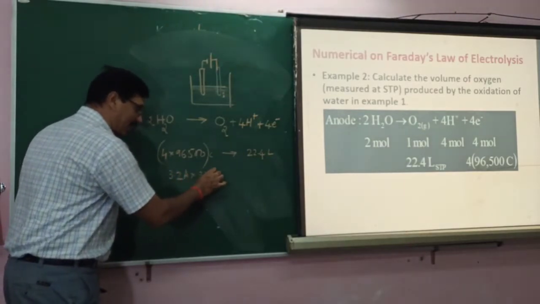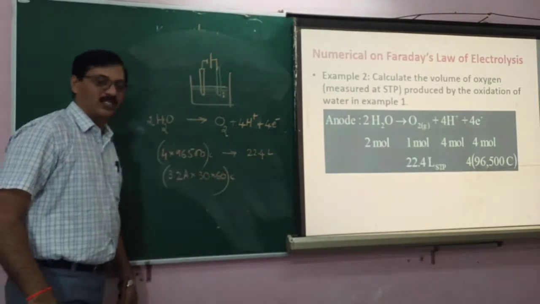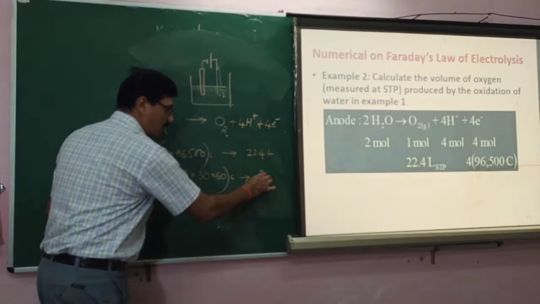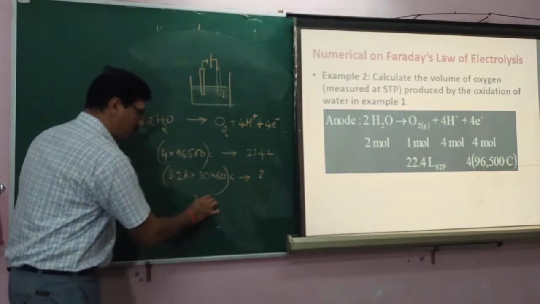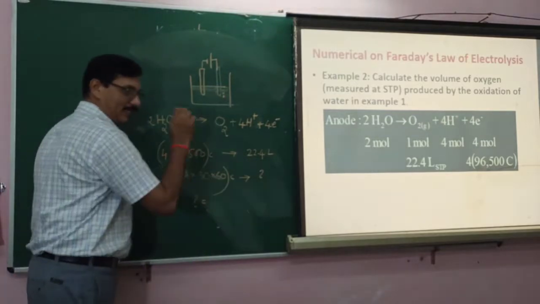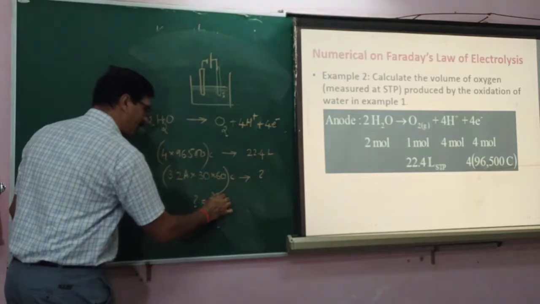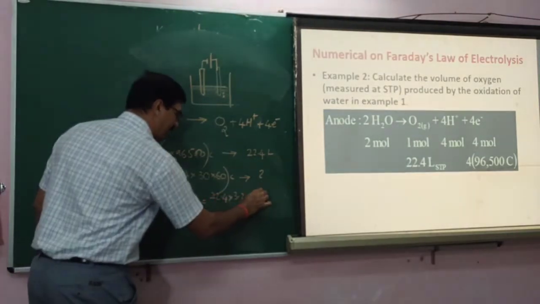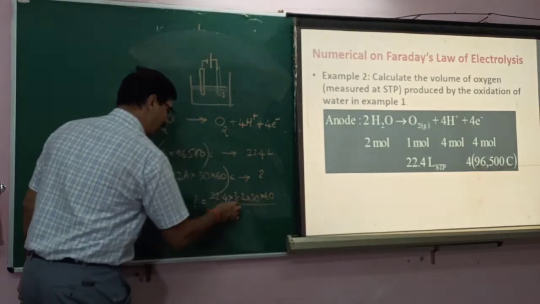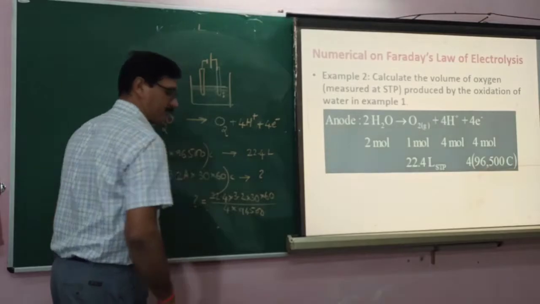Now, what is the charge which is passed when 3.2 amperes of current passes for 30 minutes, that is 30 into 60 seconds? This many coulombs of charge is passing through. What is the volume of oxygen which is being produced? So multiply 22.4 into 3.2 into 30 into 60, whole divided by 4 into 96,500.